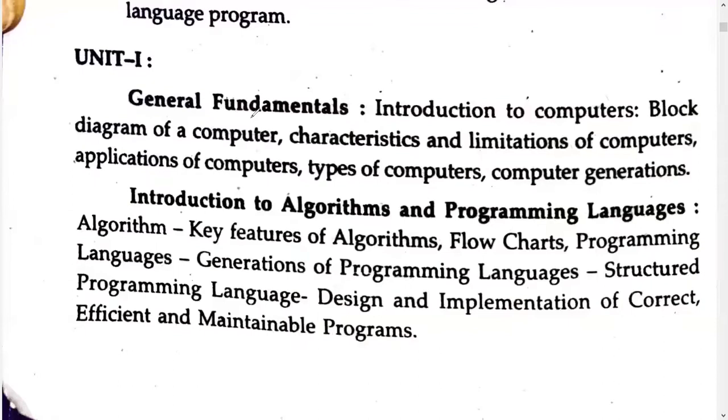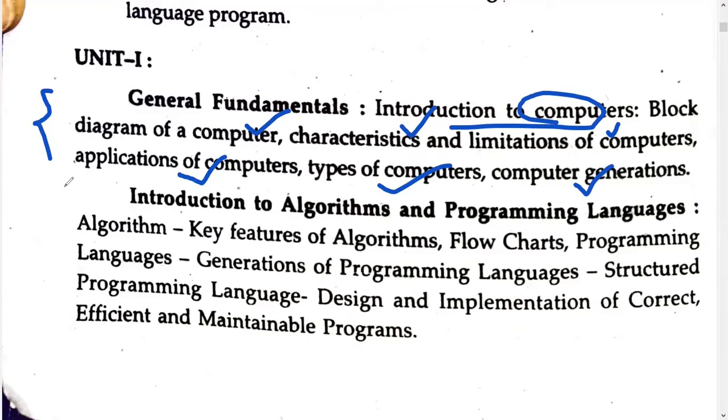As discussed in unit 1, we try to see general fundamentals, that is introduction to computers, block diagram of computer, characteristics, limitations of the computer, applications of computer, types of computer, computer generations. And very important, if you cover these questions, you can definitely have this 5 mark and 10 mark question.